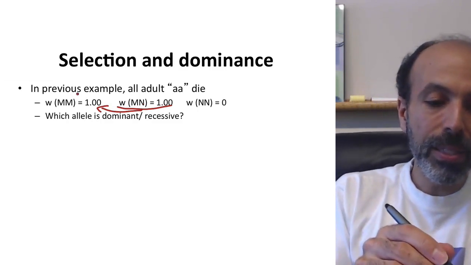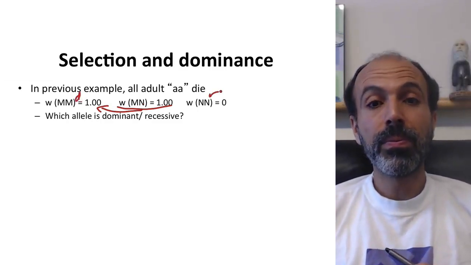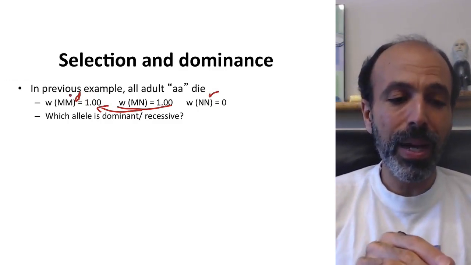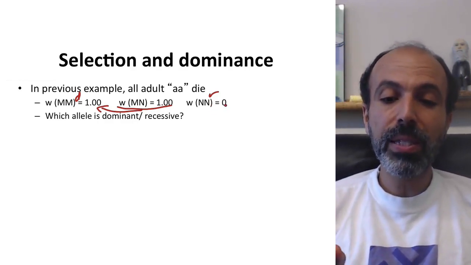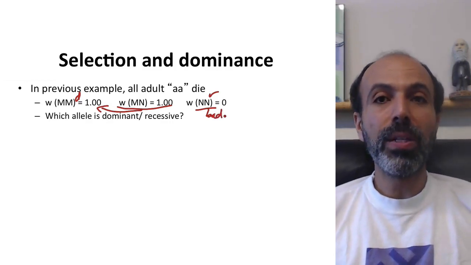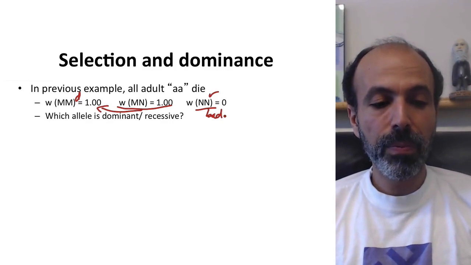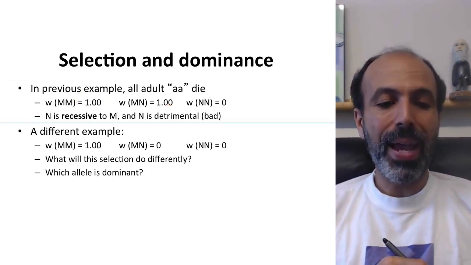Because these two have the same fitness, the M allele must necessarily be dominant, and N must be recessive. In this particular case, the recessive one is also bad. It's the one that has the lower fitness too. That won't always be true, but in this particular example, that is true. So N is recessive to M, and N is detrimental or bad.